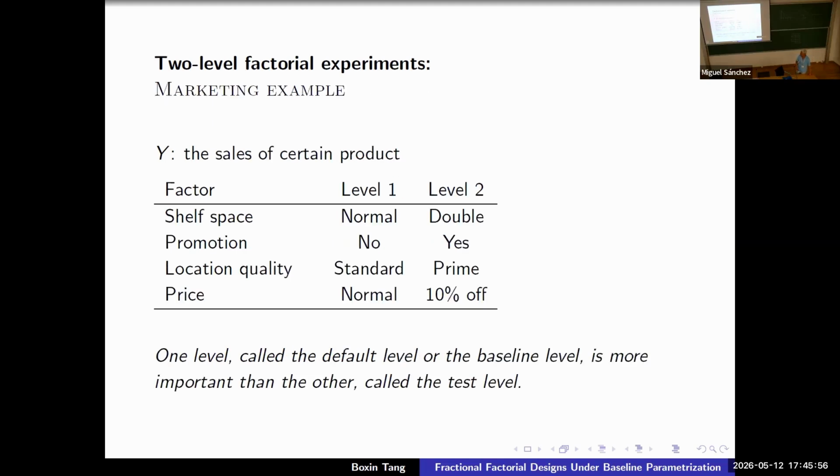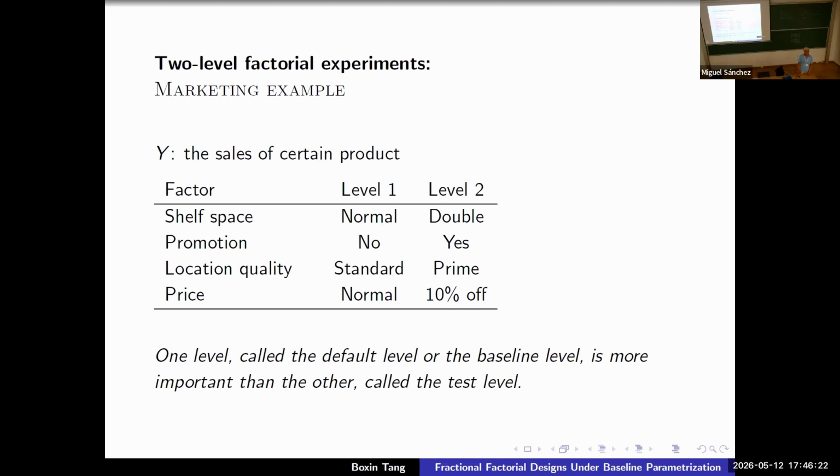Now let's look at another example. This is a marketing example. The response variable represents the yield of a certain product. A supermarket wants to conduct this experiment to see whether making some change can affect the yield of a certain product. Four factors are studied. One is shelf space.